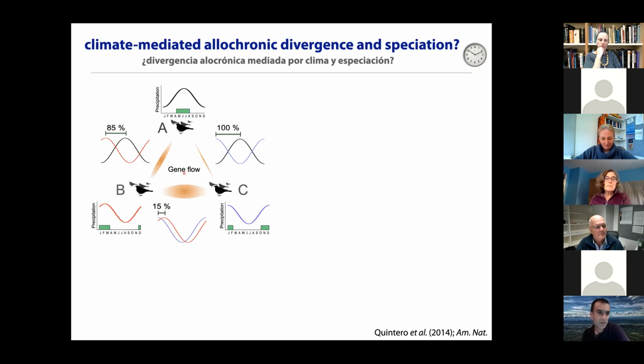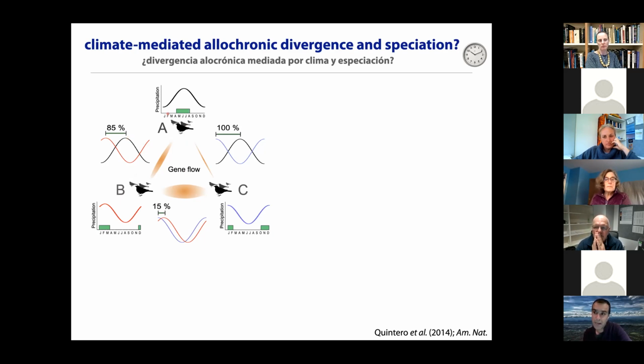And he developed this idea that if, say, you have different localities, say locality A and locality B, and what you can see here is precipitation throughout the year, these two areas are very asynchronous in their peaks in the rainy season, right?